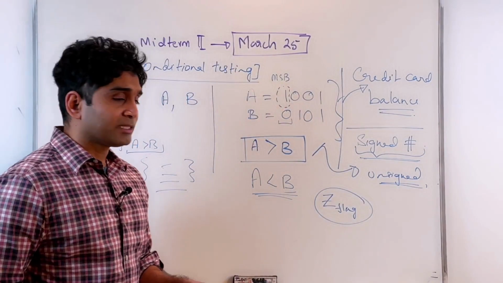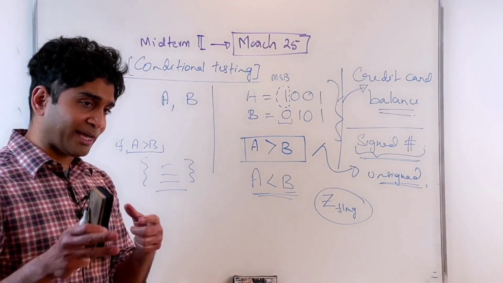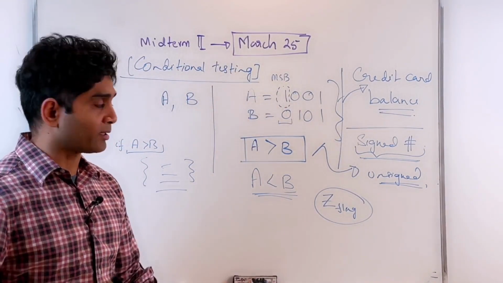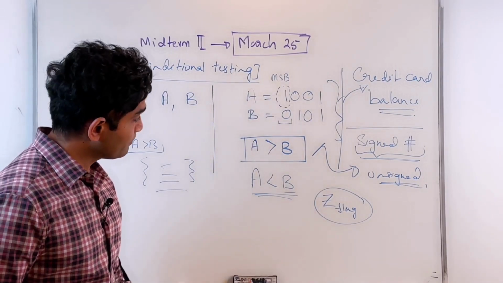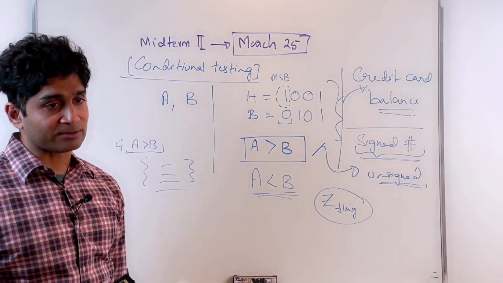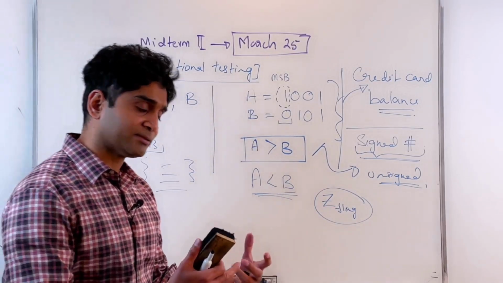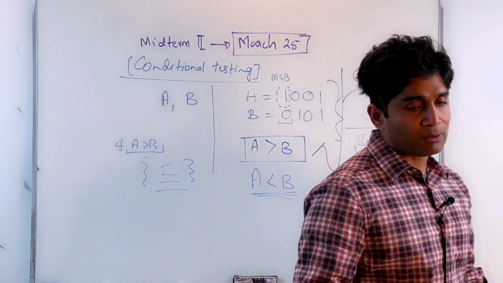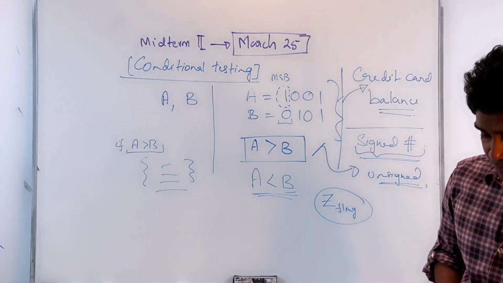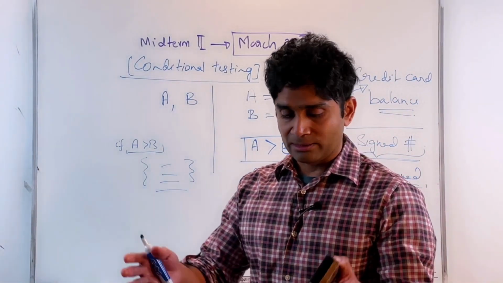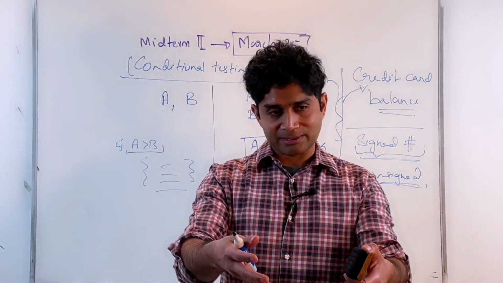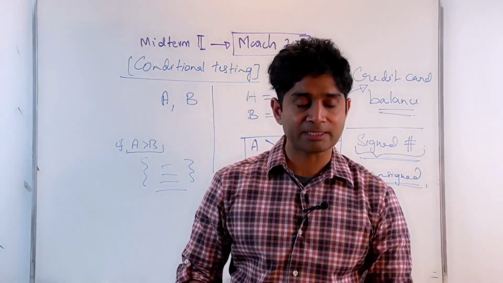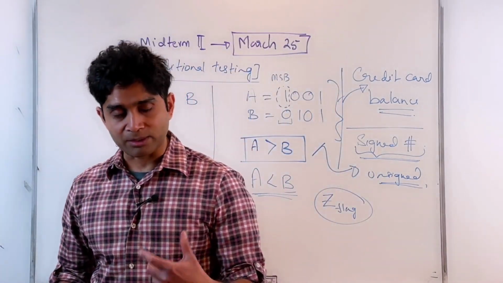Irrespective of that, if S0 to S(n-1) are all zeros for an n-bit adder, my Z flag is set. Otherwise, it's not set. We realized the Z flag by using a NOR gate, putting all the sum outputs through the NOR gate, and calling the output of the NOR gate the Z flag.